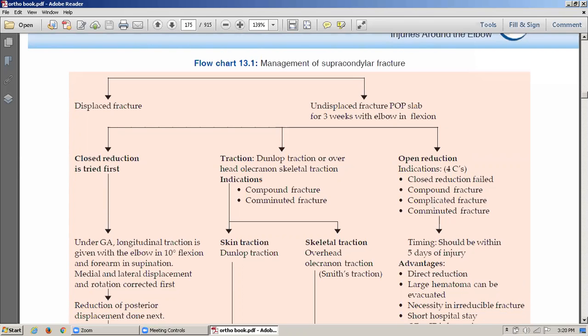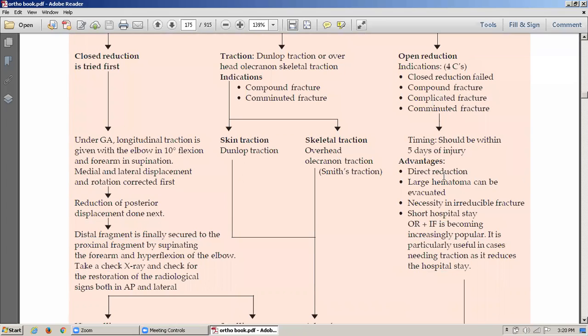Then the advantages are there is a direct reduction, large hematoma can be evacuated, necessity in irreducible fracture, short hospital stay, and it is becoming increasingly popular. It is particularly useful in cases needing traction as it reduces the hospital stay.